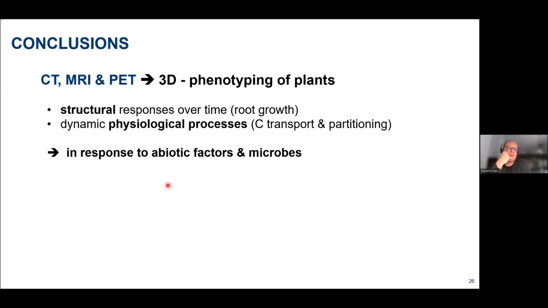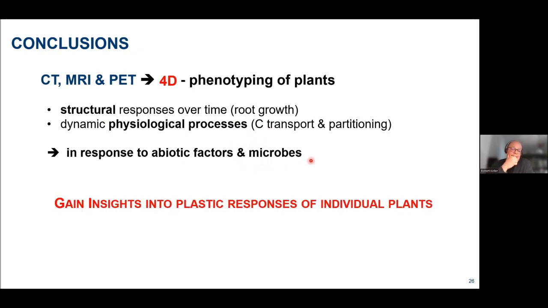And of course, if you take the temporal aspect into account, we can say that it's more 4D phenotyping of plants. How the structural responses differ in time, for example root growth, but also how it strongly affects the physiological processes like carbon transport and carbon partitioning in response to abiotic factors and also to microbial interactions.